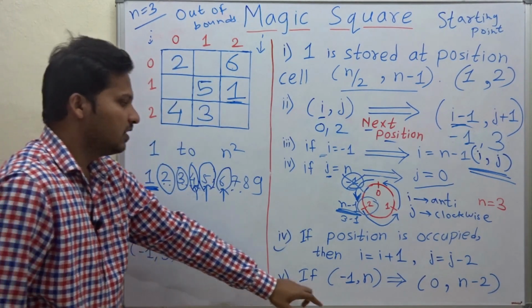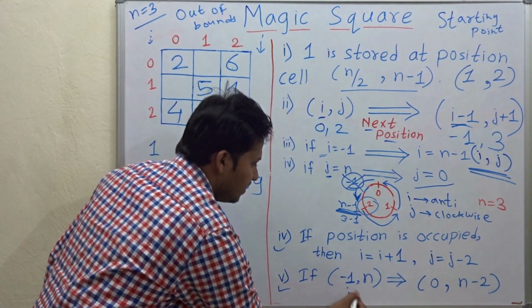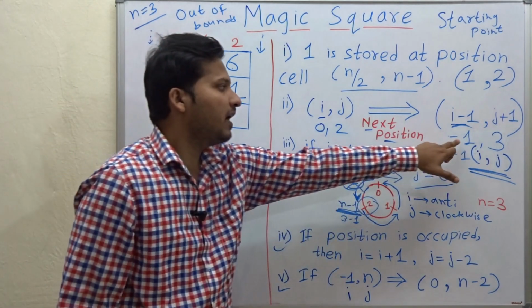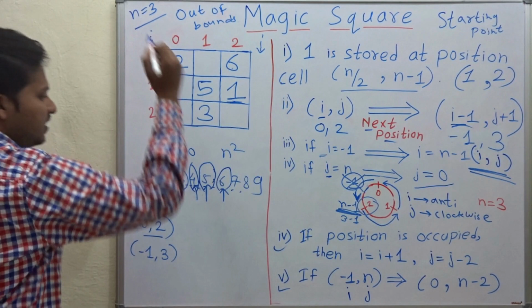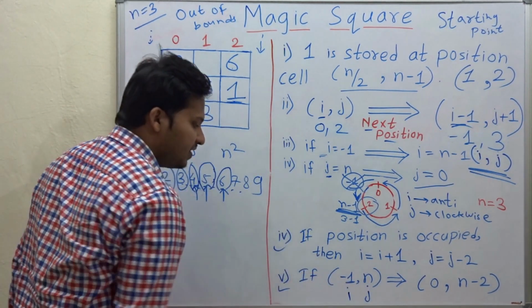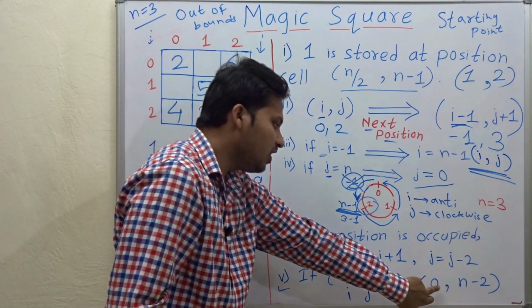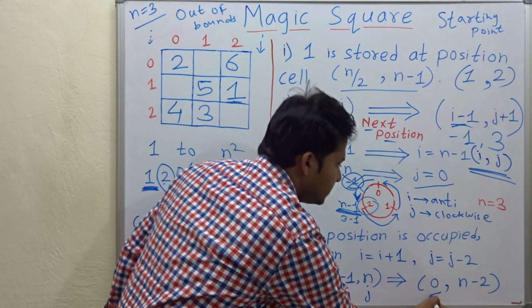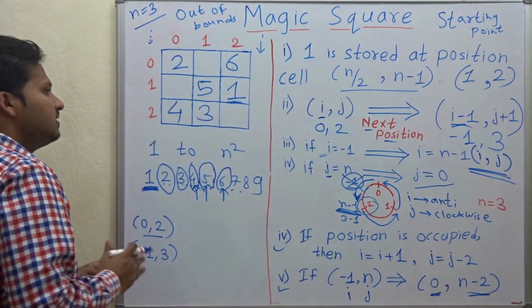Okay, means see, if i comma j is minus 1 comma n, means minus 1 comma 3 in this case, because n is 3, so it will be minus 1 comma 3. So if it is minus 1 comma n, then it will be wrapped into 0 comma n minus 2. So what in this case?